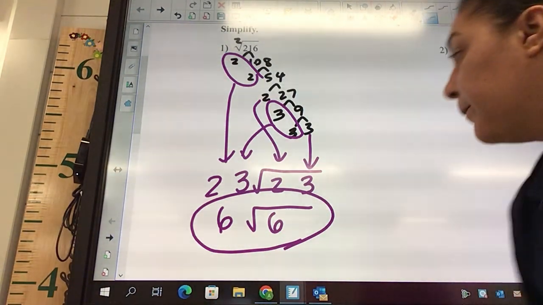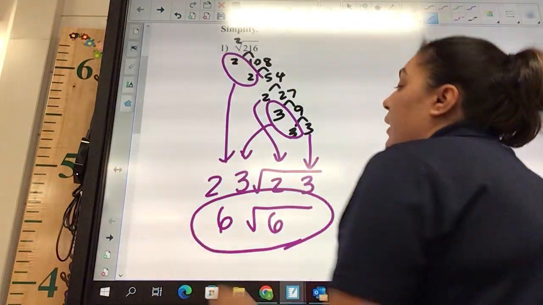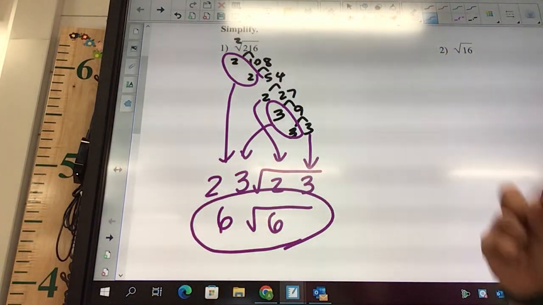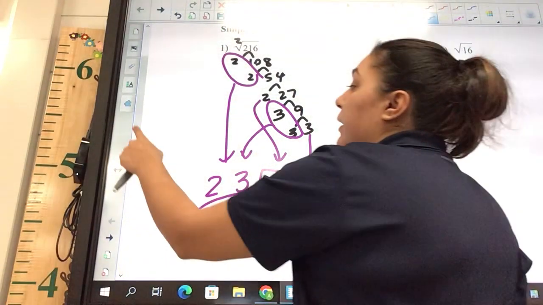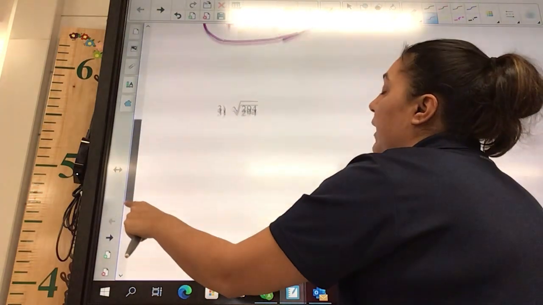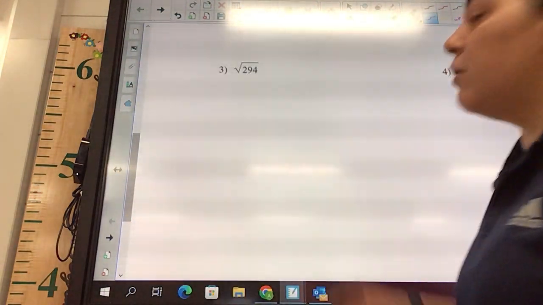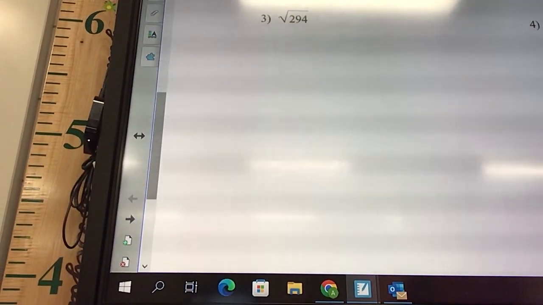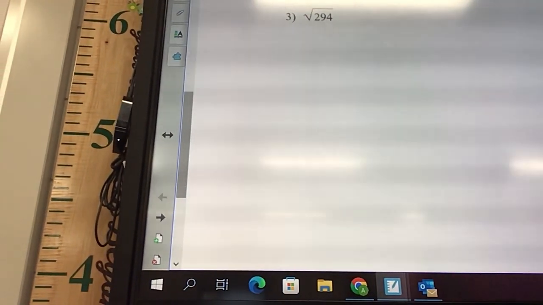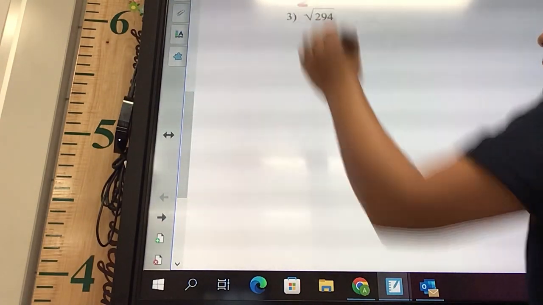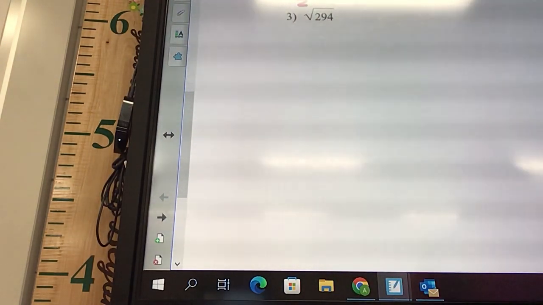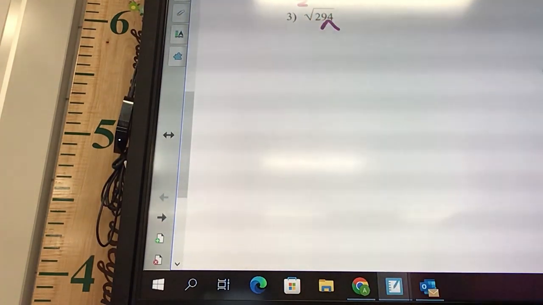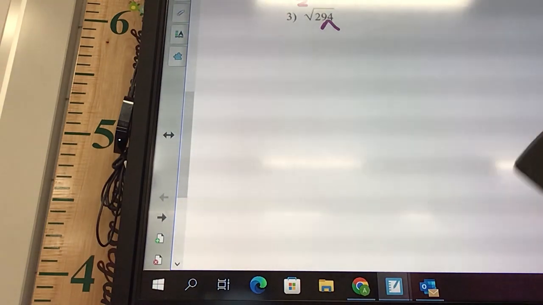Let's throw on paper. If I'm going too fast, pause it, catch up, write it down, and then you can push play again. 294, same thing. There's no number on the outside, so our number is considered a 2. So we get 294 divided by 2.